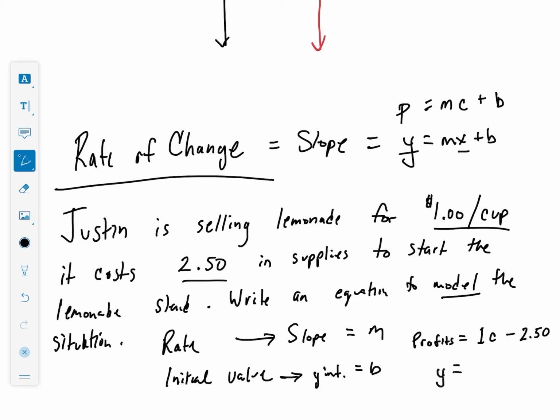So if we look at the equation in regular slope-intercept form with y and x, we have y equals 1x minus 2.5. That's it. Every one of these problems is the same. All you're doing is finding your rate, finding your y-intercept, and putting it into the form of an equation.